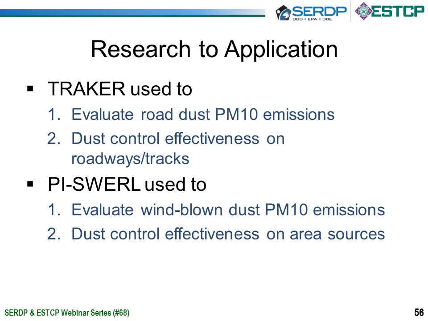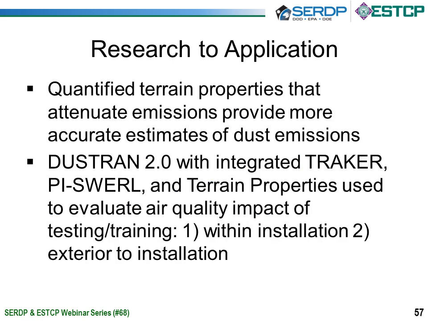Slide number 57, research to application. Well, we've also quantified the terrain properties that attenuate those emissions, and those have been integrated into the DustTran model and can be used to provide more accurate estimates of dust emissions and their effect on the environment and predicting downwind concentrations.